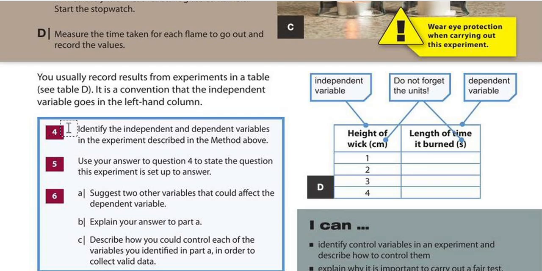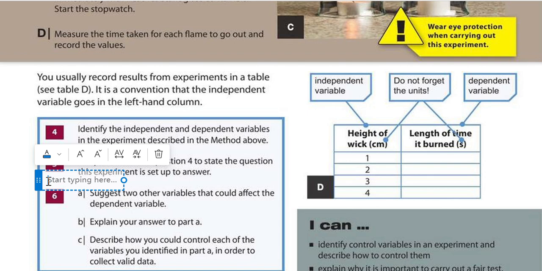Using the independent variable and the dependent variable, can you tell what you're supposed to find out in this? The height in centimeters. What is it supposed to find? Seconds? No.